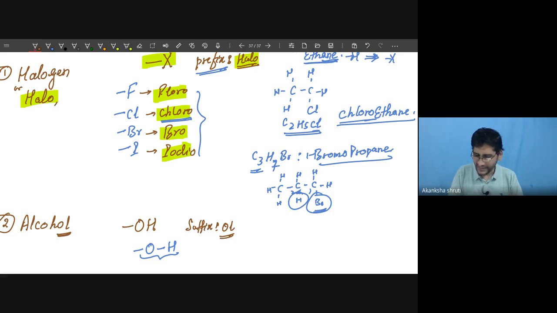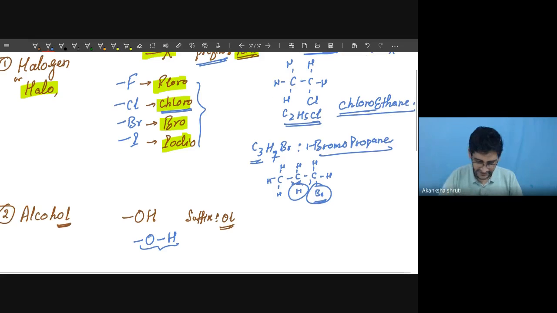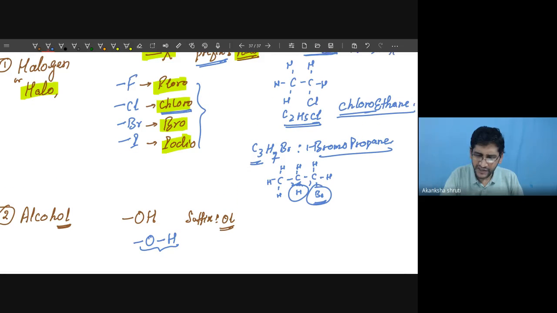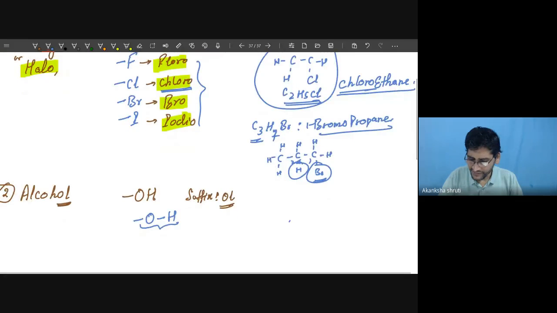This OL is taken for naming. How is that? Let me take one example first. Say in this one, the same, I am taking ethane. From that we are going to form the OH structure, means alcohol we are going to form. This structure is like this.